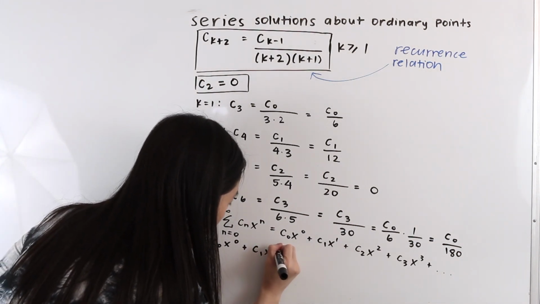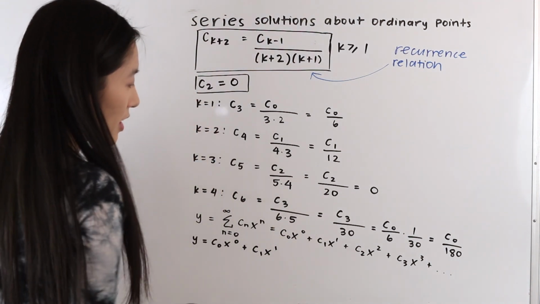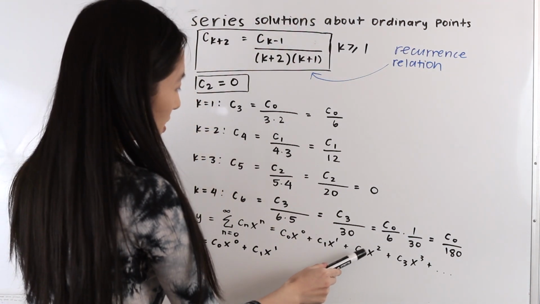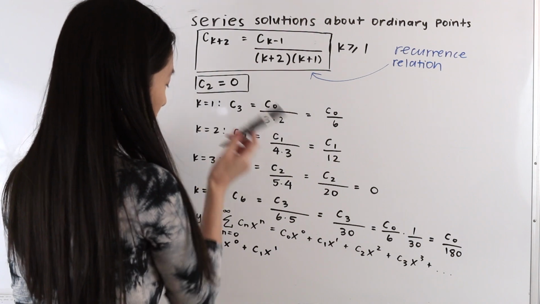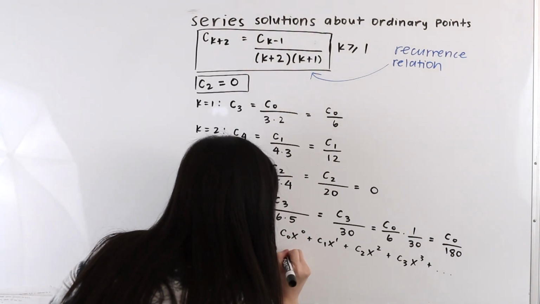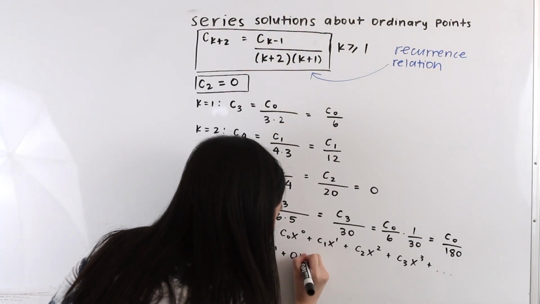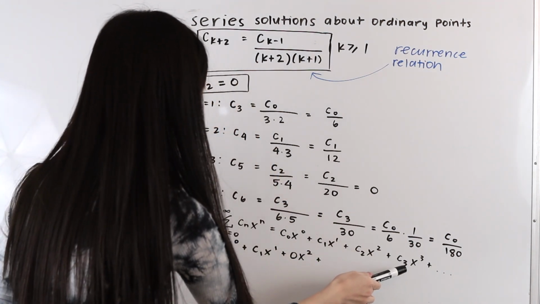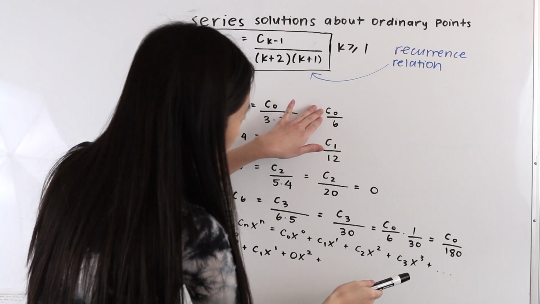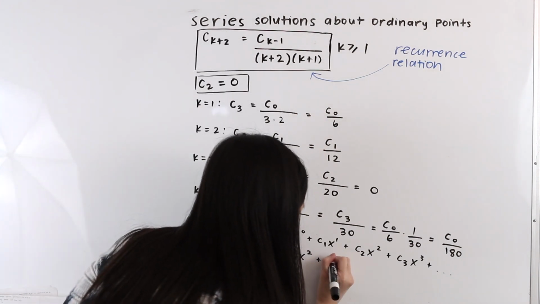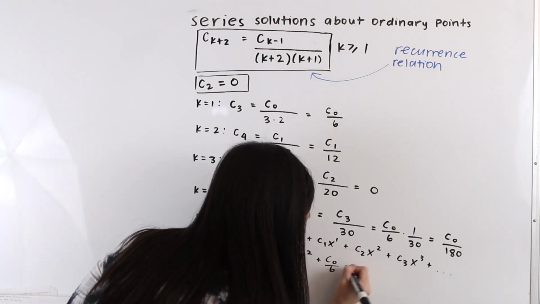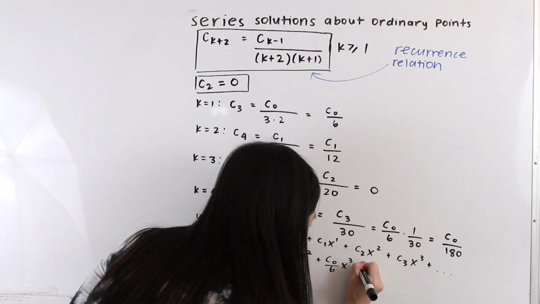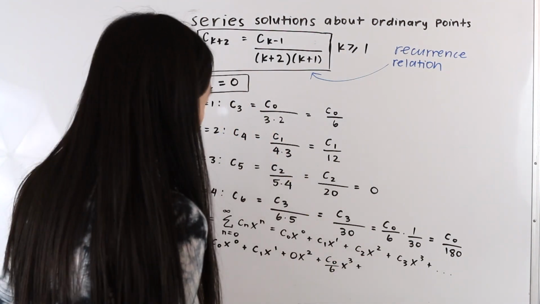And for c2, we do know what c2 is equal to, and it's equal to 0. So we have plus 0 x squared, and then we have plus c3. So c3 is equal to c naught over 6, so we have c naught over 6 x to the third power.